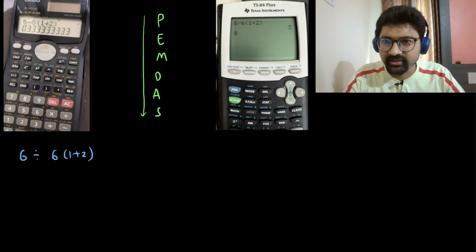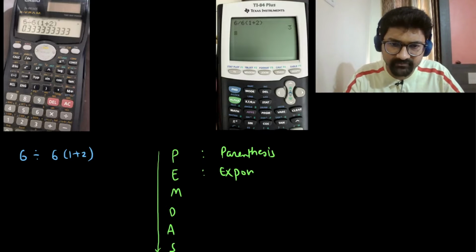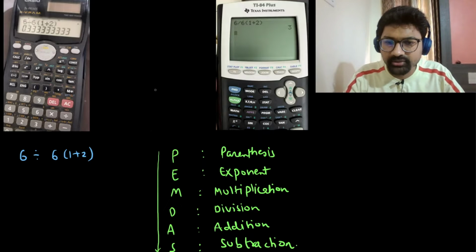Let me write it very clearly. This is also the order of priority in which we have to perform the operations. So for example, the first priority is given to parentheses, followed by exponents.